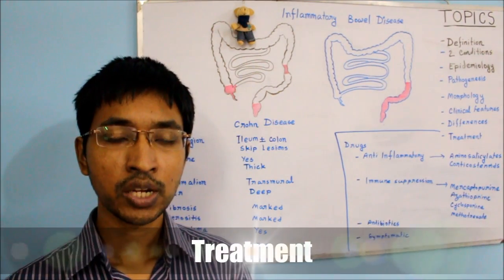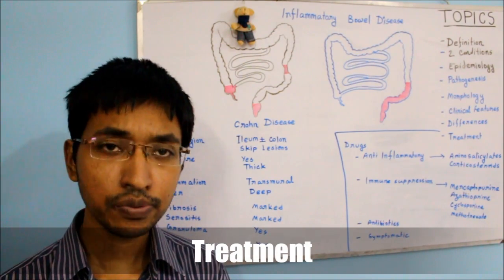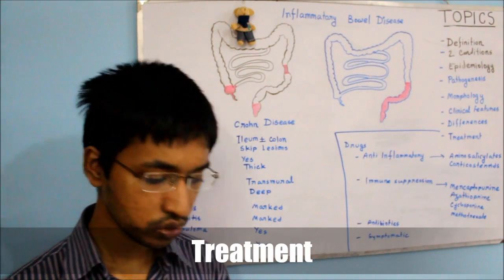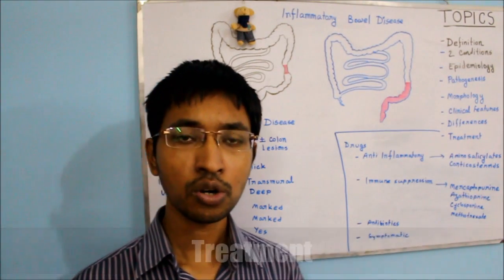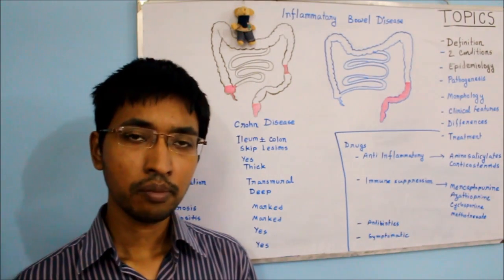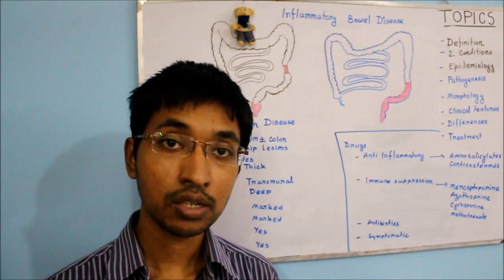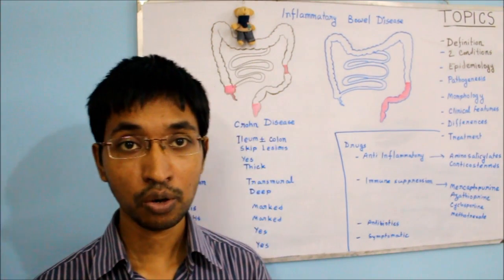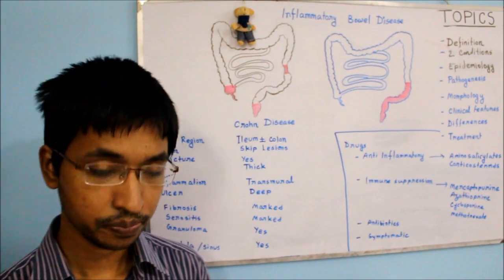So we are almost at the end of today's video. The last topic that we will discuss briefly is regarding the treatment of inflammatory bowel disease. Now always remember, unfortunately there is no complete cure for this disease. So the main treatment goal is to reduce the inflammation and to reduce the complications that can arise from long-standing cases of inflammatory bowel disease.